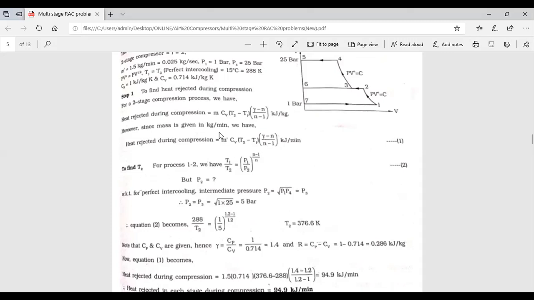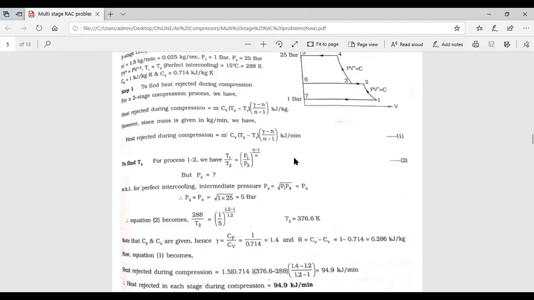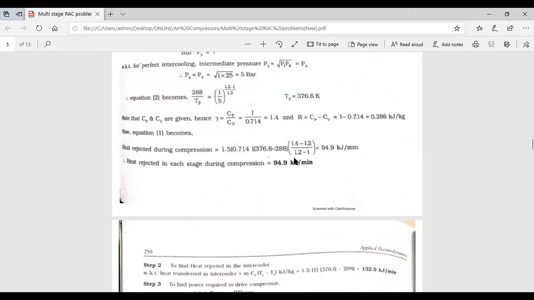So just substitute all the values, you'll get how much heat transfer takes place in the compression process. m is 1.5, 0.714, and T2 we calculated, 376.6 minus 288, into (1.4 minus 1.2) divided by (1.2 minus 1). Okay, so this much heat is rejected during the compression.